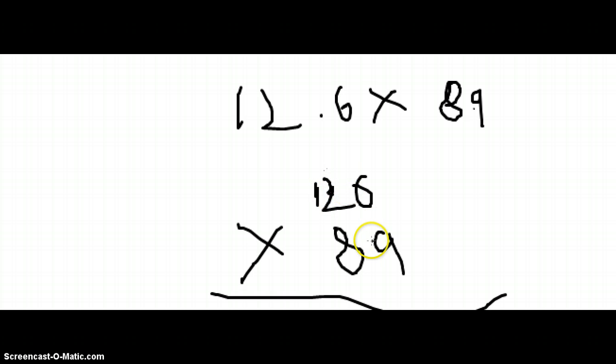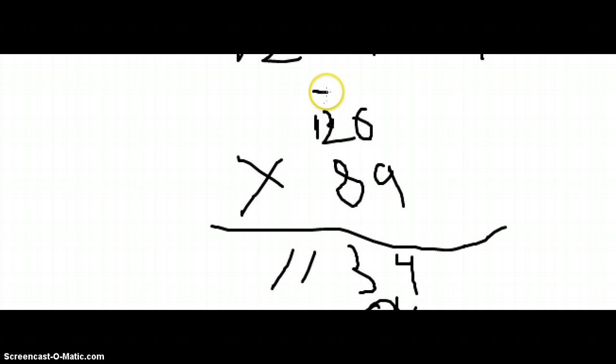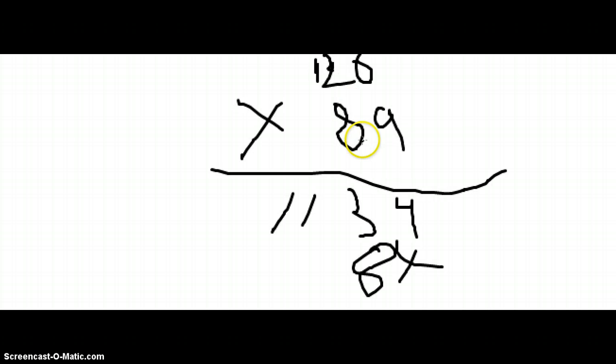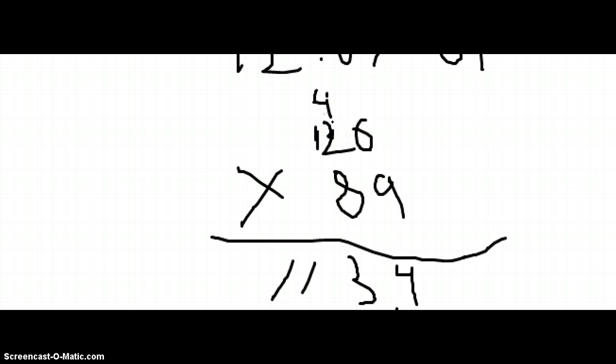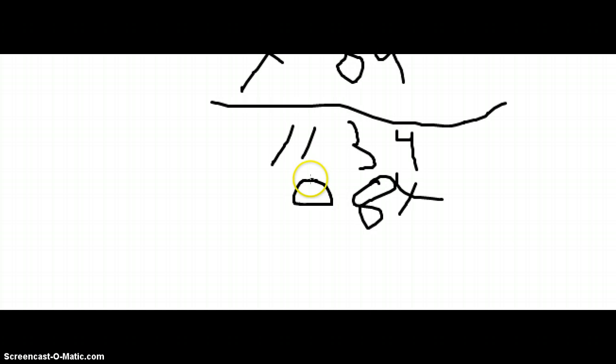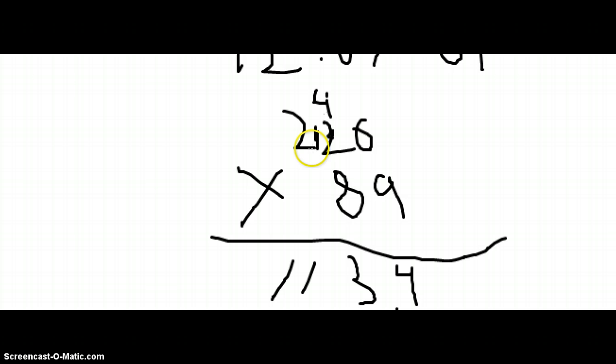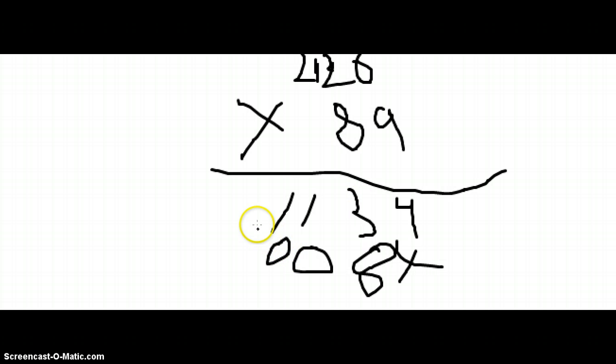So we're going to do it again. 4. And then we're going to do 16, 20. So we're going to put a 0 here. 8, 10. So we're going to put 0 and 1.